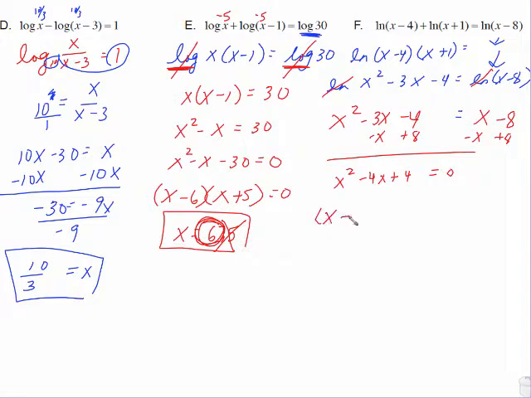It factors as x minus 2 times x minus 2, which gives me a solution of 2. But if you plug 2 back in here, you're taking the natural log of a negative, which you can't do. So that one solution gets thrown out, and our answer is either that, or you can write no solution.